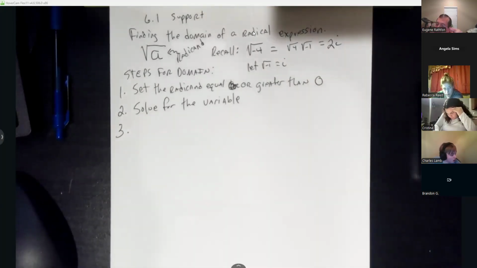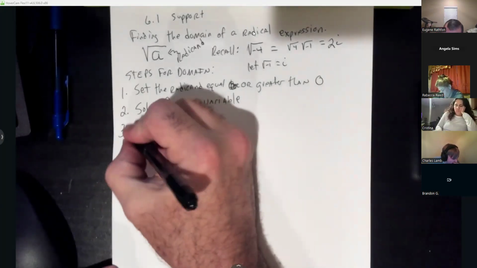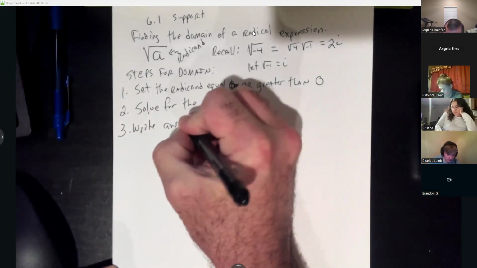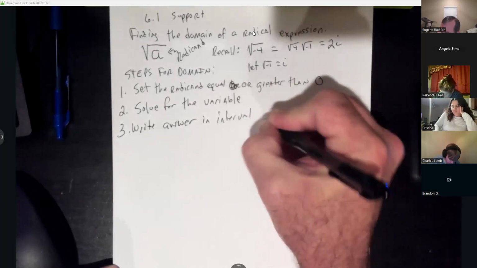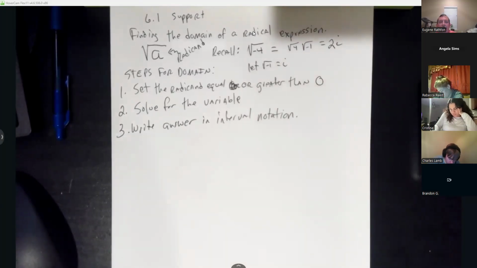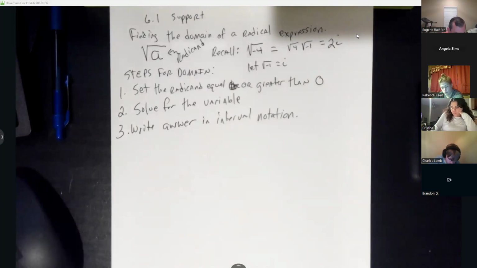Instead of using set builder notation, we're going to use interval notation. So I'm going to write my answer in interval notation. So I'm going to explain interval notation real quick before we do our first problem, okay?